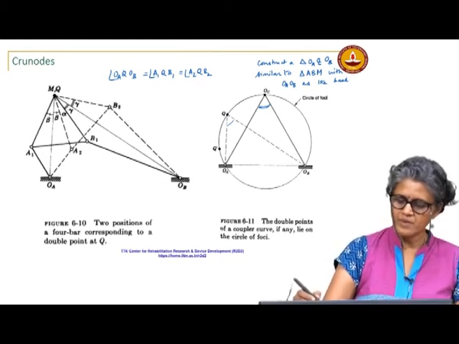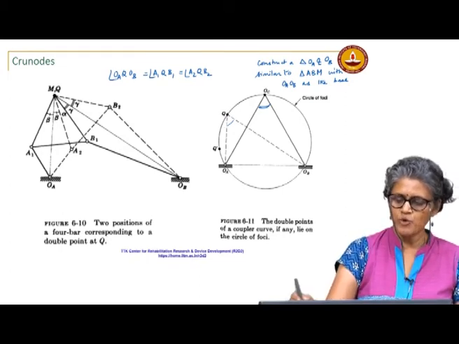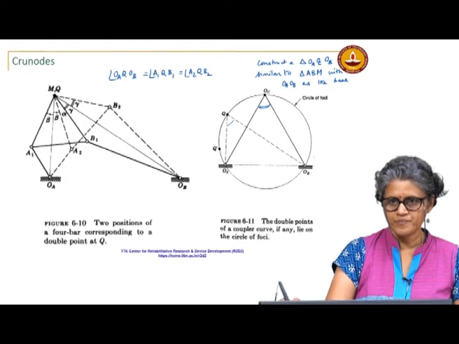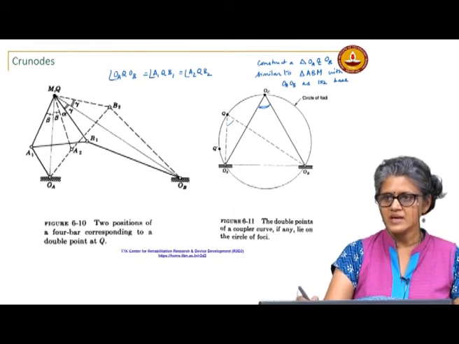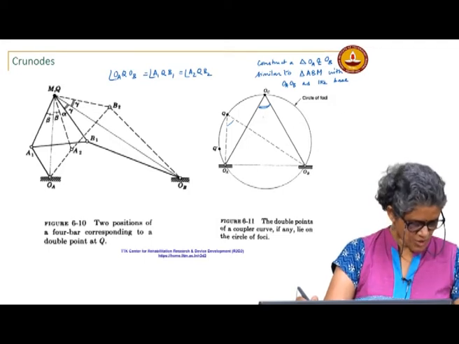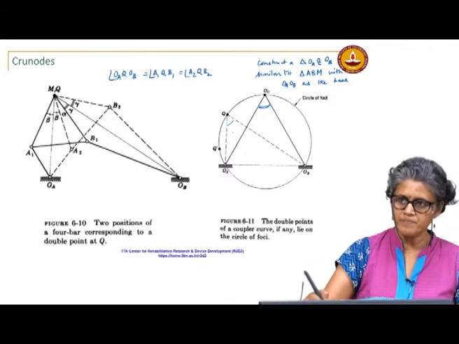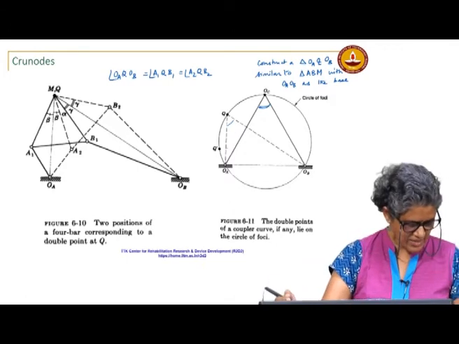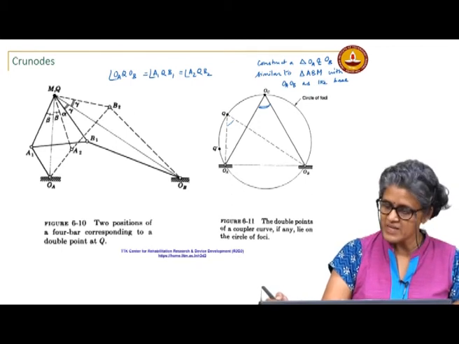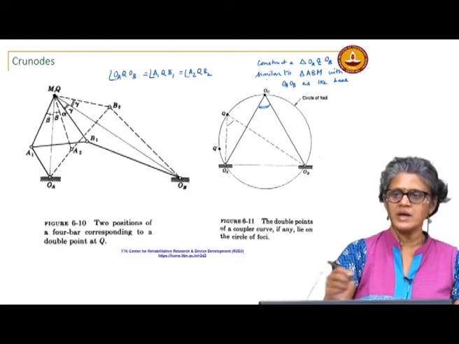Then if I take any point Q, that angle is going to be the same as this angle subtended here. So, Q must lie on the circle passing through OA, OB and OC.